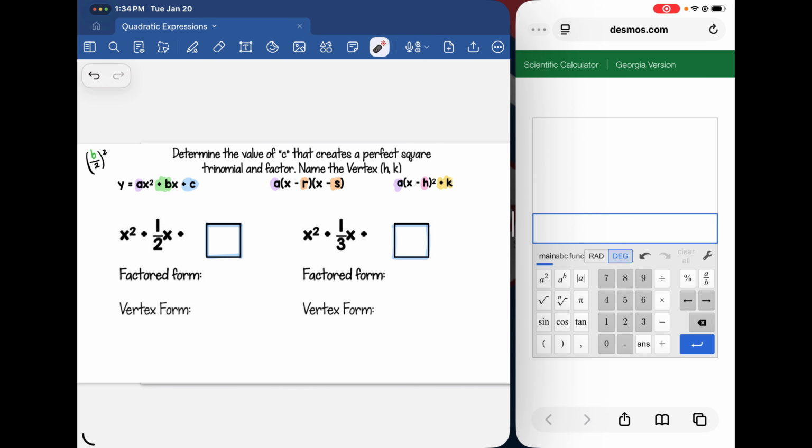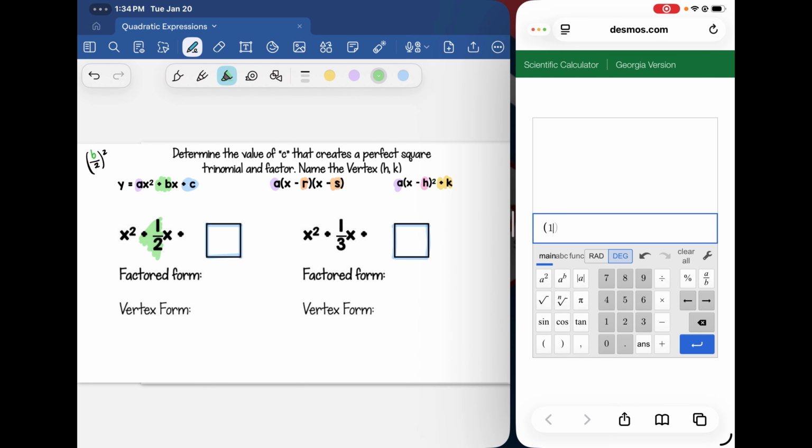All right, our last two examples. x squared plus 1 over 2x plus blank. It is a fraction. So my b value is a positive 1/2. Miss Carter, how am I supposed to take half of a half? I'm going to put it in a calculator. 1/2 divided by 2 is 0.25.